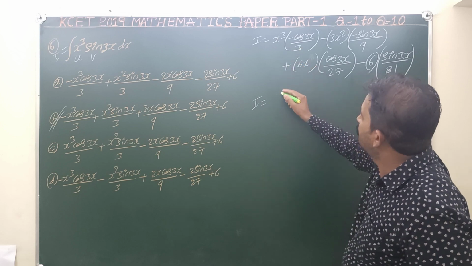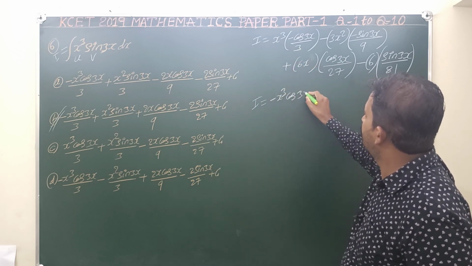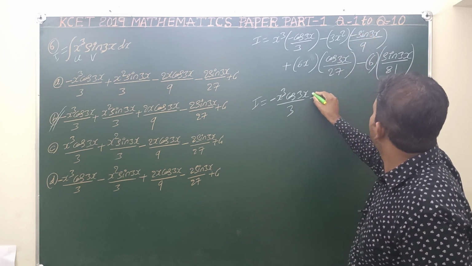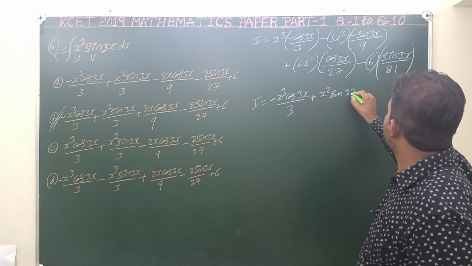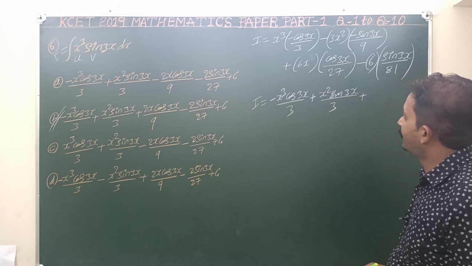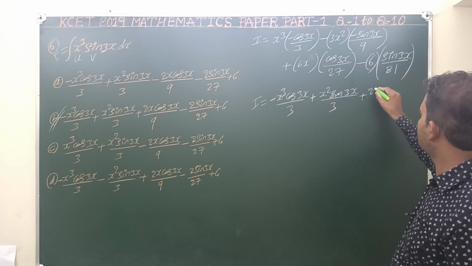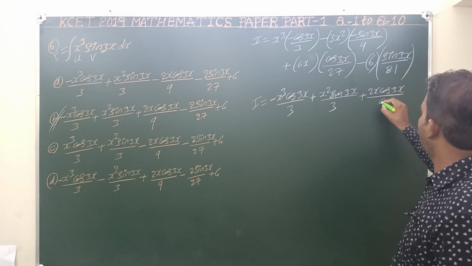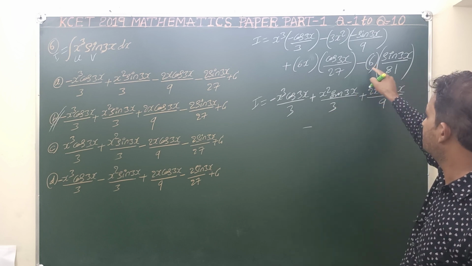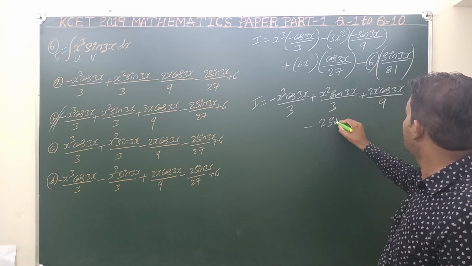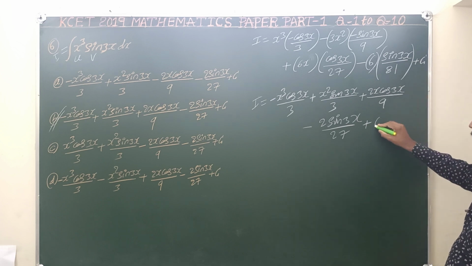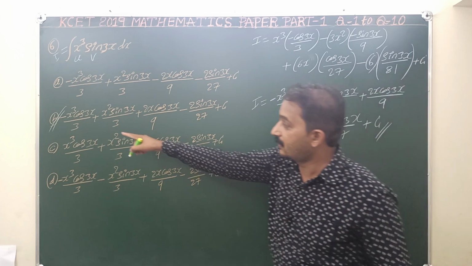So simplify this: minus x cube cos 3x divided by 3, plus x square sin 3x divided by 3, plus 3 2s are 6, 3 9s are 27, 2x cos 3x divided by 9, minus 2 3s are 6, 2 27s are 81, so 2 sin 3x divided by 27, plus the indefinite integral constant C. So option B is correct.